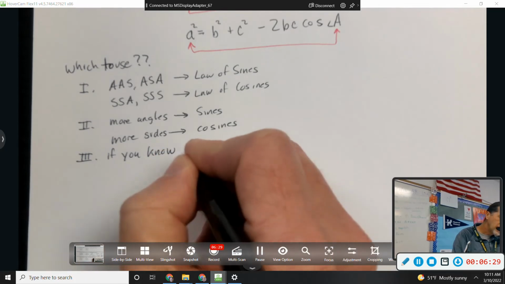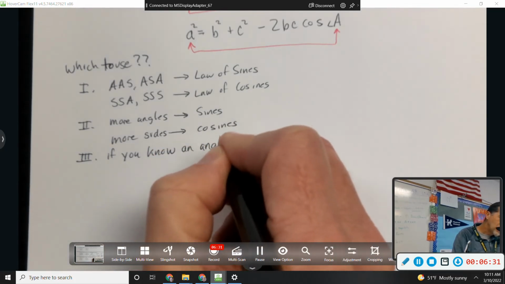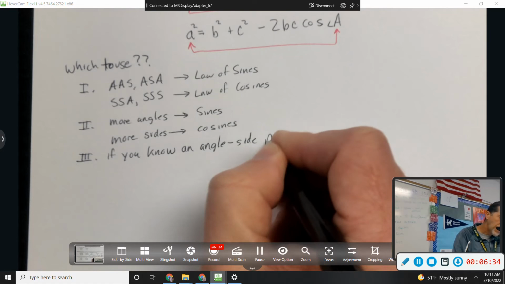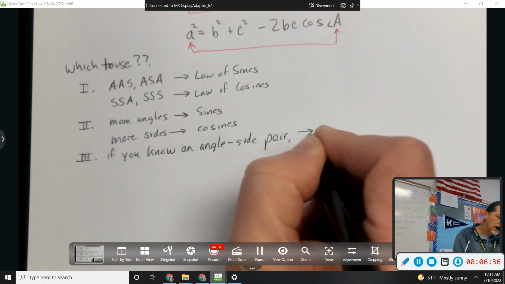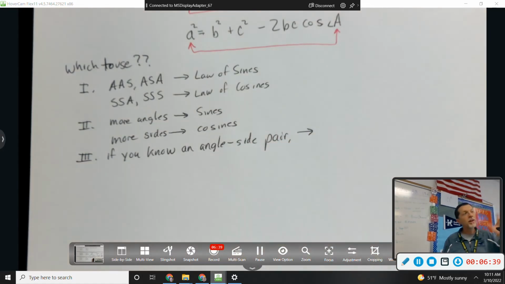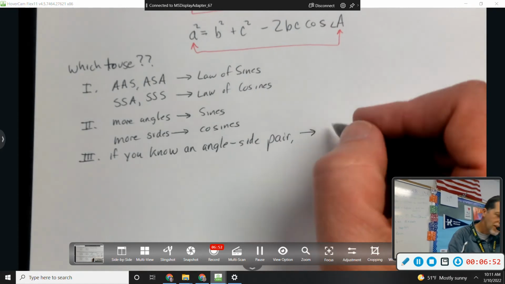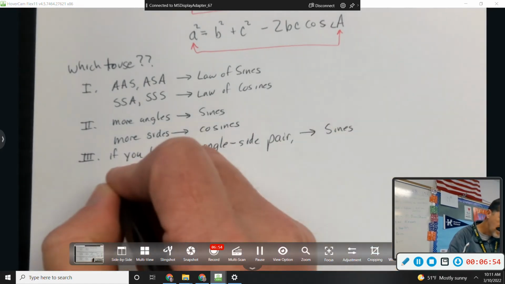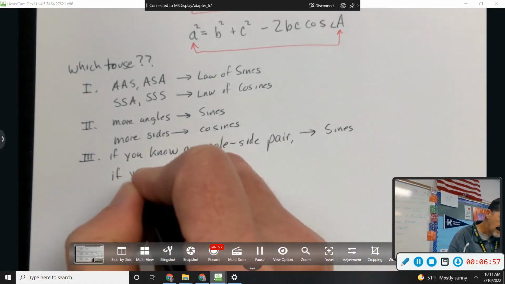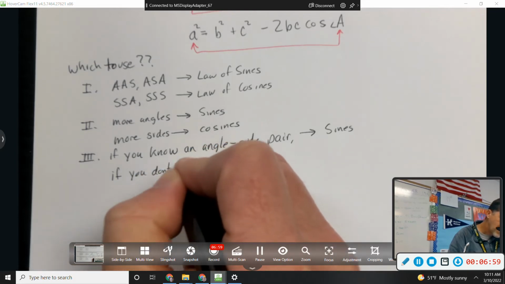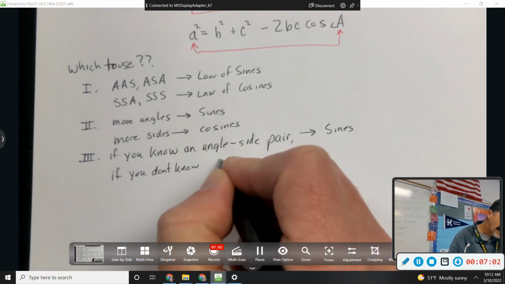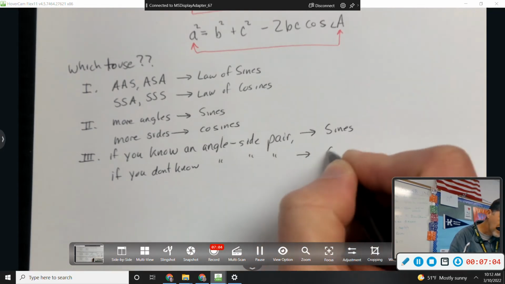If you know an angle side pair, meaning across from each other. If you know a pair that's across from each other, which one do you think you would use based on the formulas? If you know an angle side pair, that would be law of sines. If you don't know an angle side pair, then cosines.